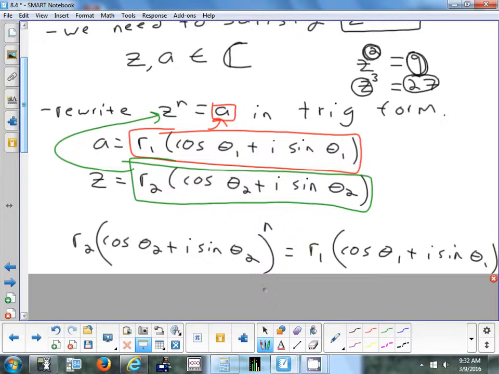All right. So now we have, instead of Z, R2 cosine theta 2 plus i sine theta 2. And that's to the nth power. Again, the n just stayed the same. And on the other side, I don't have A anymore. I have A in trig form. R1 cosine theta 1 plus i sine theta 1.